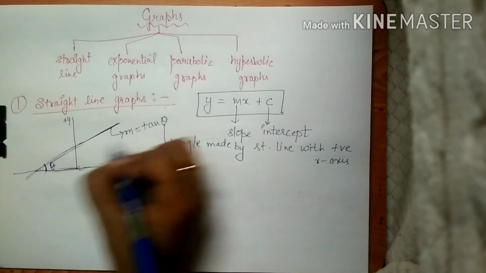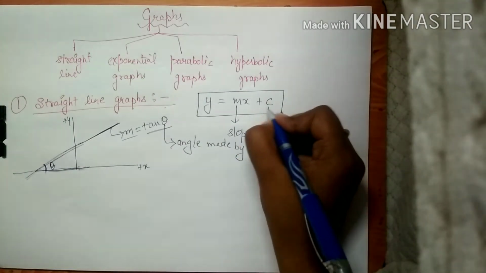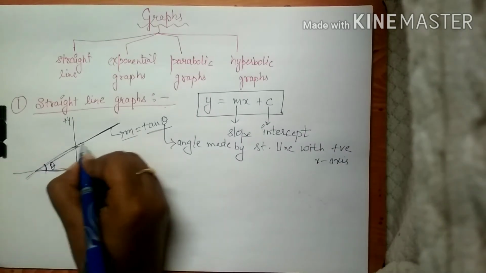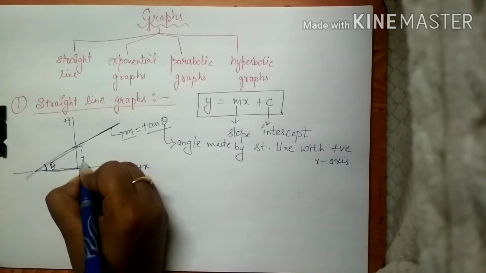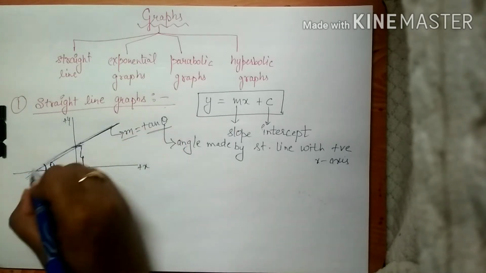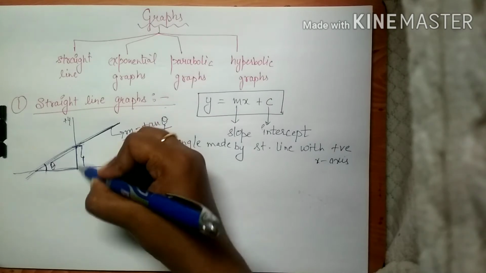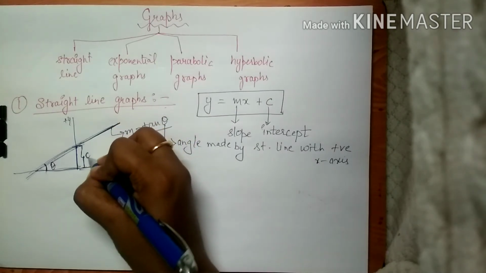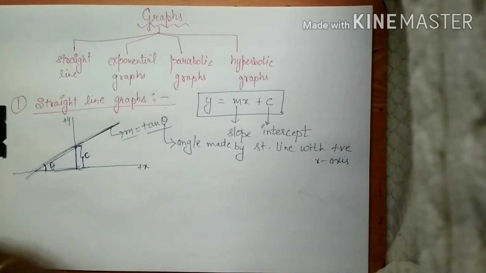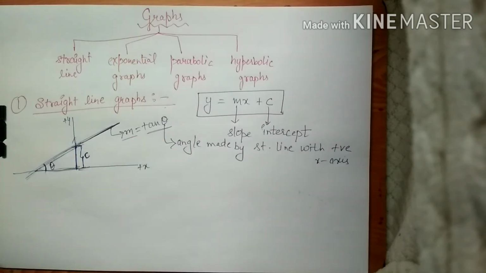So tan of theta will be equal to your slope. Also c will be the intercept. Intercept is the value which we get when this line cuts a particular axis. So this distance from the origin is known as your intercept. It could be in any direction. In this case it is in positive y direction, right? So this is about the straight line.